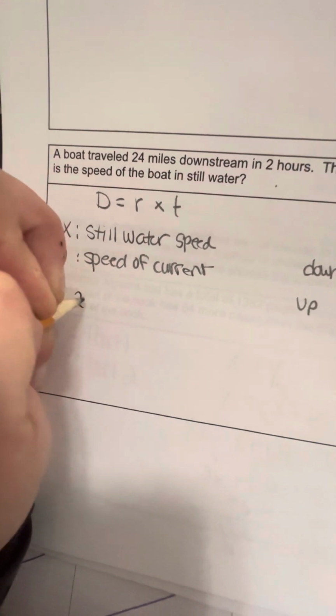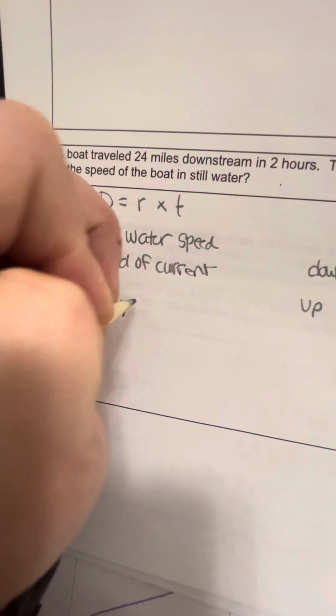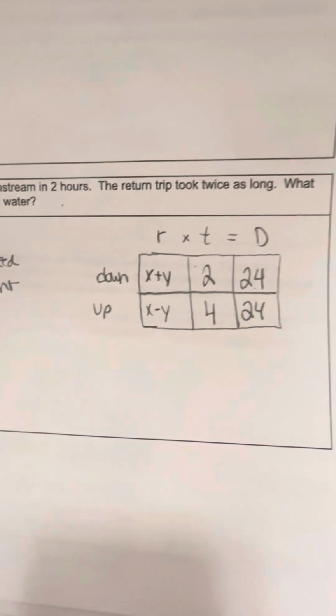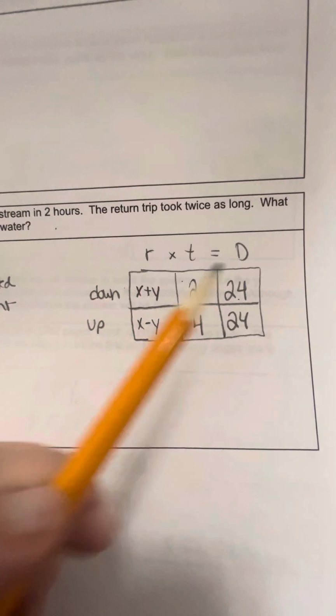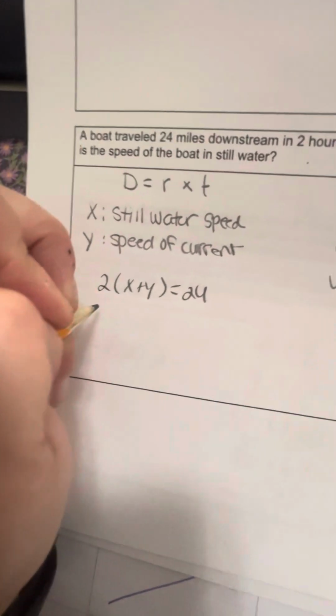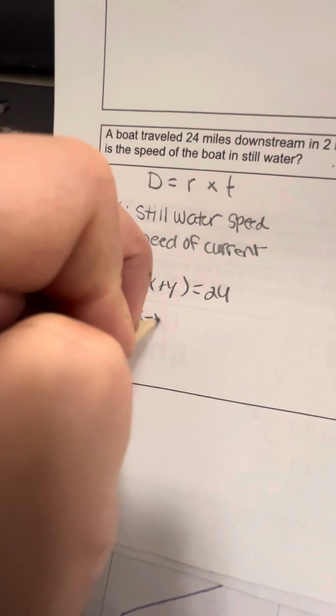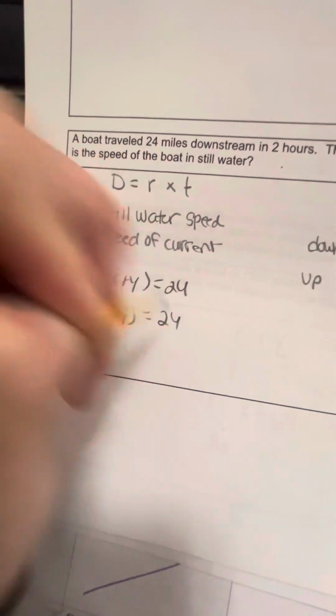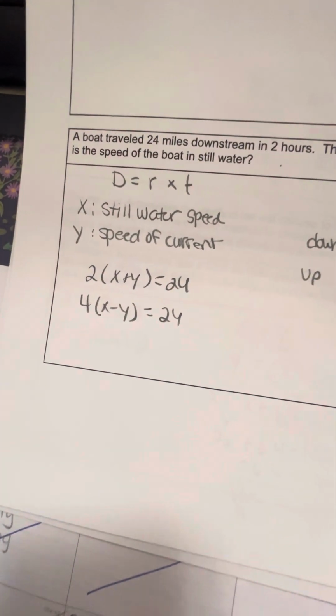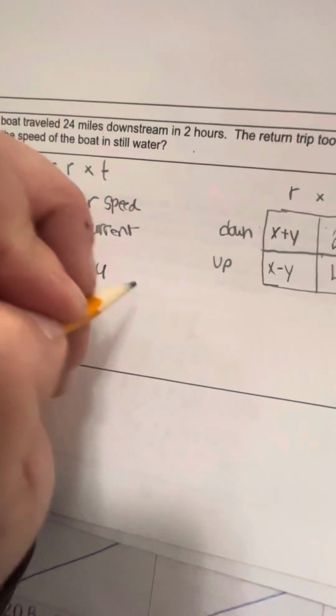So the first one, 2 times the X plus Y, which equals 24. Again, you're just doing this column times this column equals that. The other one is going to be 4 is the time, times the X minus Y equals 24. So now all I'm going to do is distribute that out. So 2x plus 2y is going to equal 24.